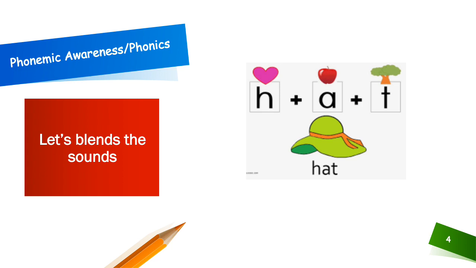What's the first sound? If you said s, good job. What's the middle sound in sad? Good. And the last sound in sad is d. So we have s, a, d. All together, sad. Nice work.